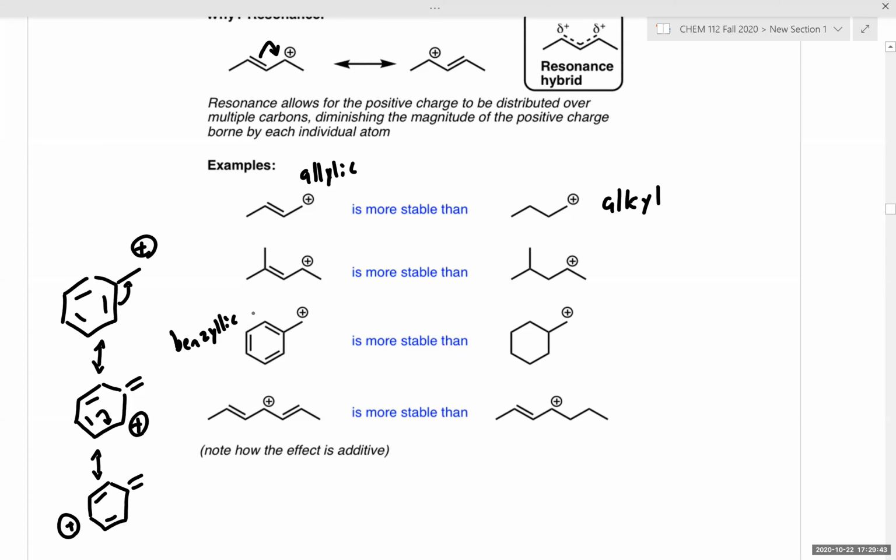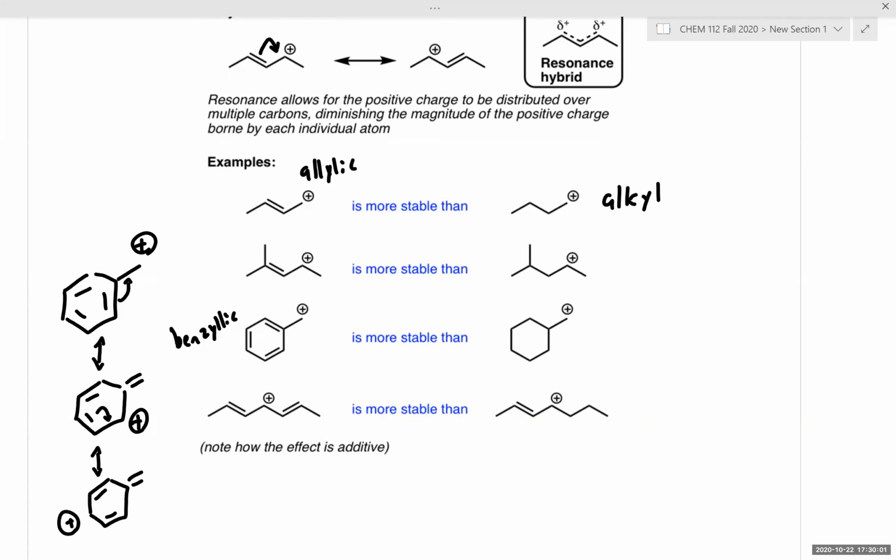So that's why benzylic cations are abnormally stable. It's not just important that resonance delocalization is occurring, but the number of atoms that you're delocalizing your charge over and the nature of those atoms.